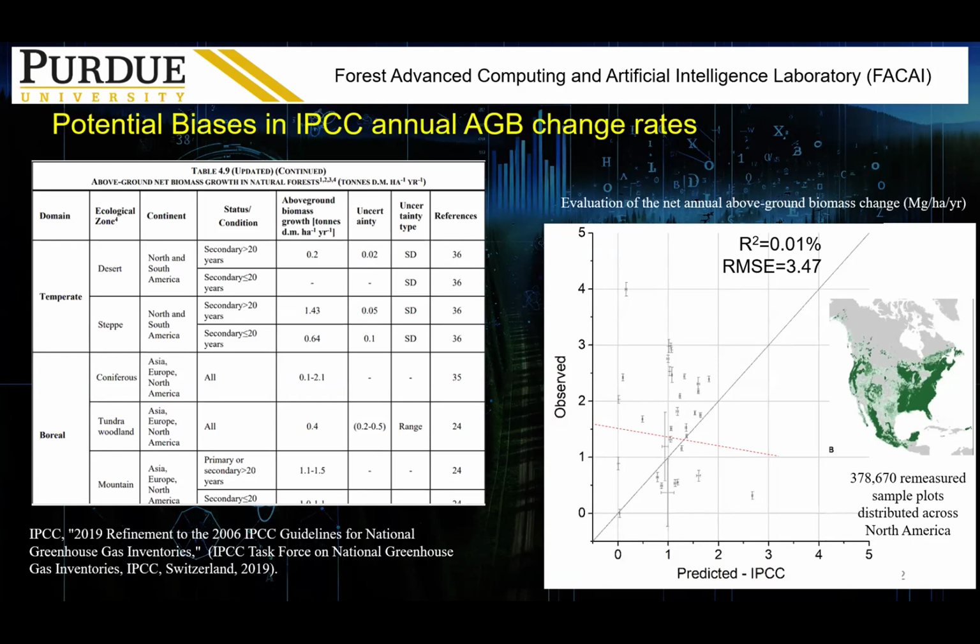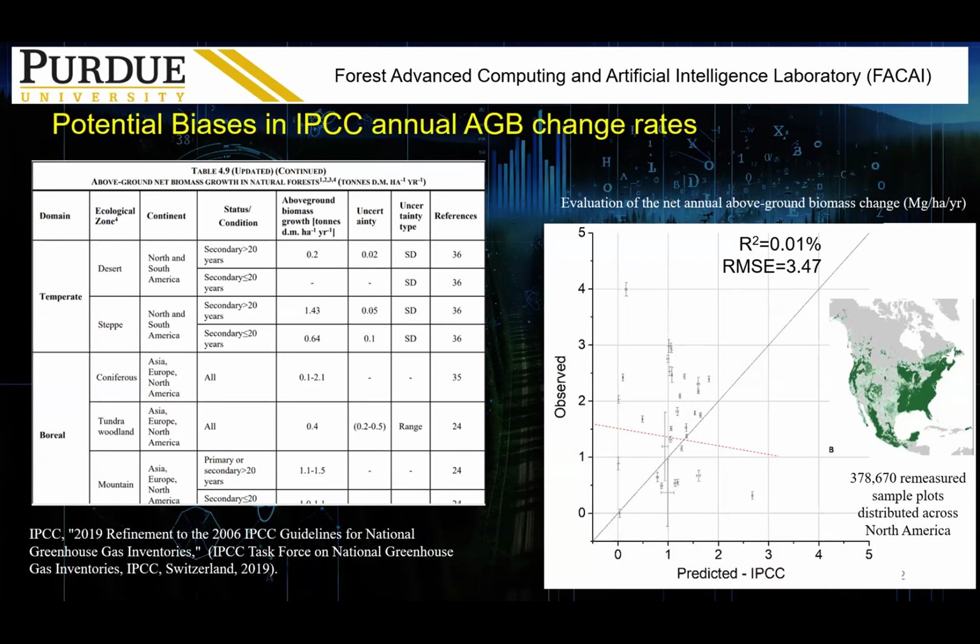So for many countries, if they do not have, for example, repeated forest inventory data and do not have other means, for example, the forest growth models locally made for those countries, how are they going to estimate how much above ground biomass has changed in forest regrowth, or how forest recovers from fire or degradation or things like that.